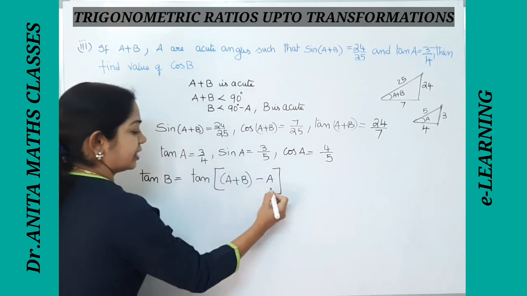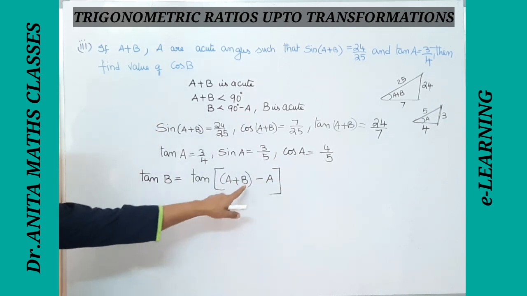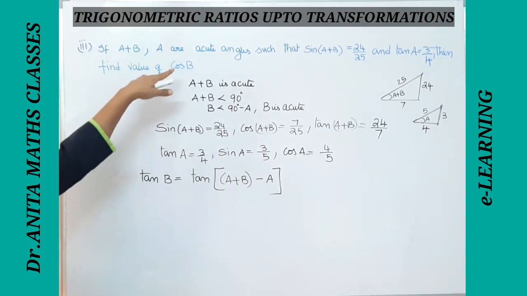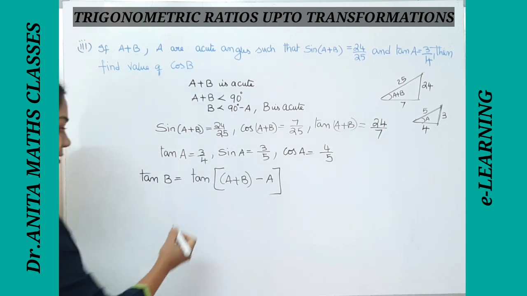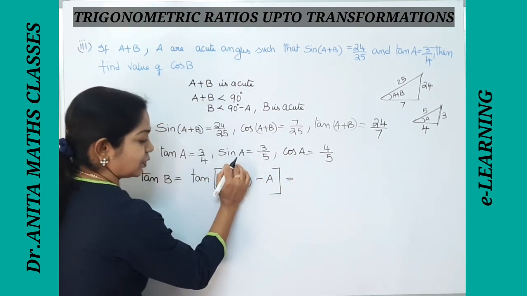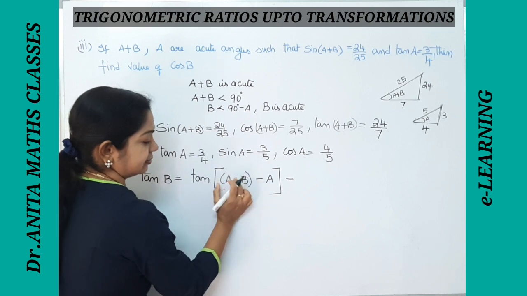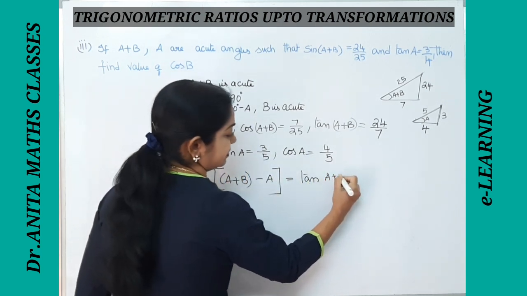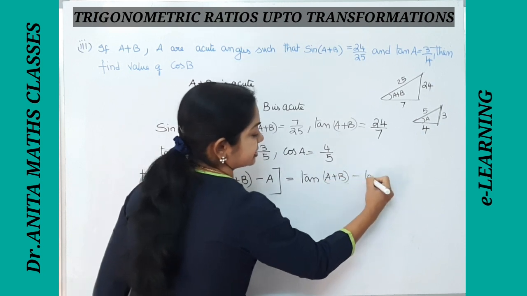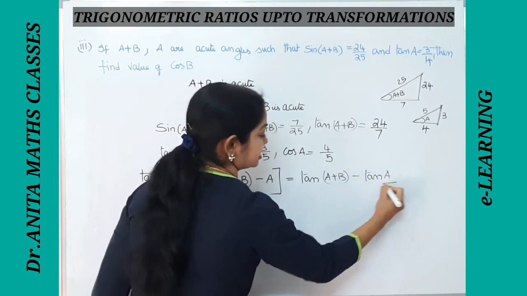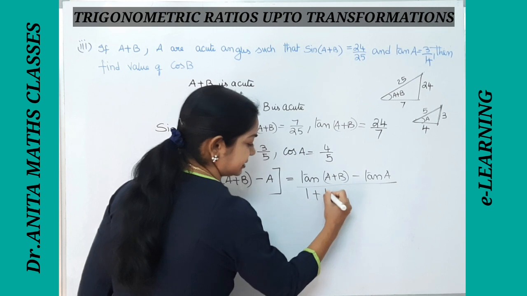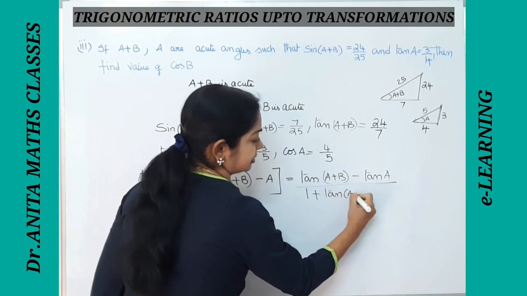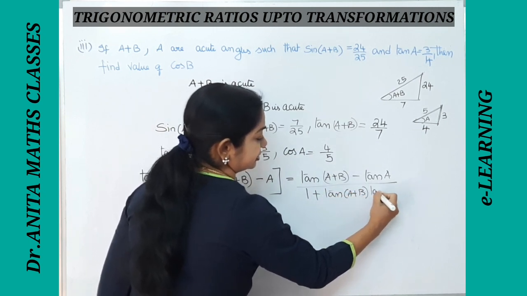If you write this, A goes off, and we can get tan B. From tan B we can calculate cos B, right? So this is tan of a difference: tan(A plus B) minus tan A, because it is a minus function, over 1 plus tan(A plus B) tan A. We can write it like this.